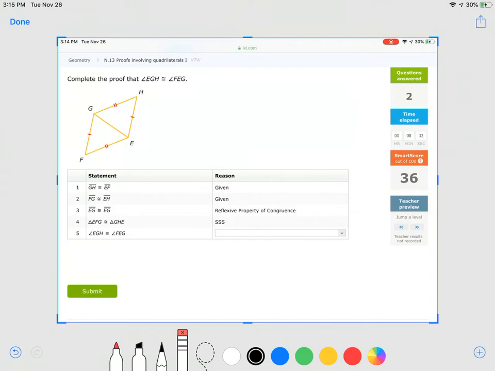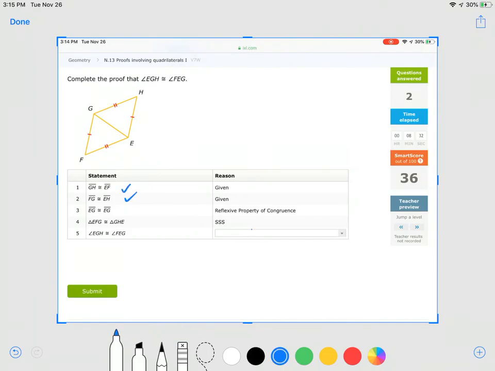So it seems like one of the properties of a parallelogram is that these two angles are congruent to each other. And probably so are these, but we're not focusing on those. Okay, so let's see how we would prove that.